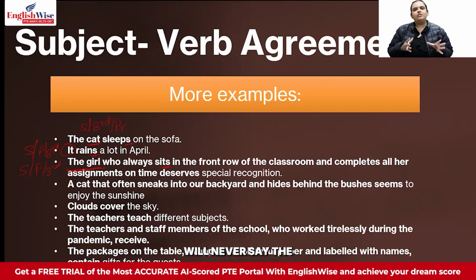You will never say the girl who always sit in the front row. You will always say the girl who sits in the front row of the classroom and completes all her assignments on time deserves a special recognition. Okay, so all the verbs that are pertaining to this particular subject, which is the girl over here, will have an S sound along with it.